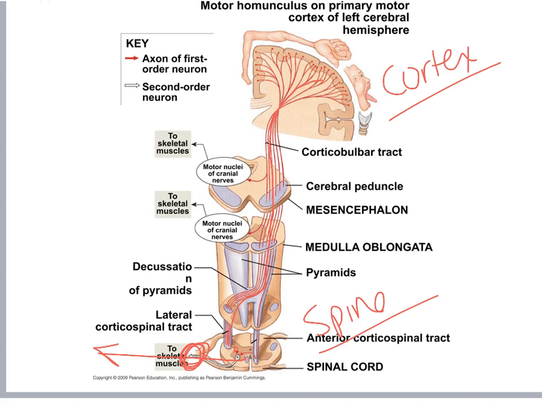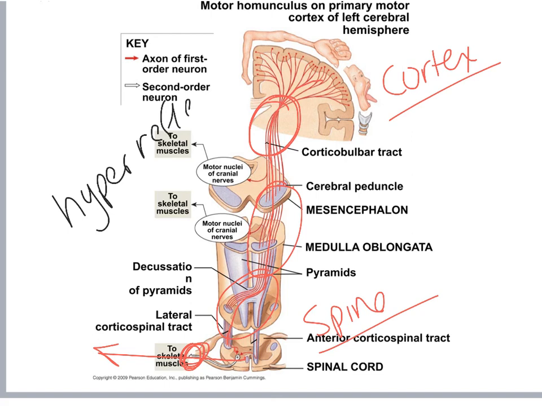So when you get degeneration of the upper motor neurons up in here, a person is going to be hyperreflexive. So the reflexes, someone just touches them and their arm flings, right? Touch, fling, hyperreflexive. Take that little hammer on their knee and whoosh, their leg just goes flying out. That's hyperreflexive. That's going to be a sign of an upper motor neuron disorder.